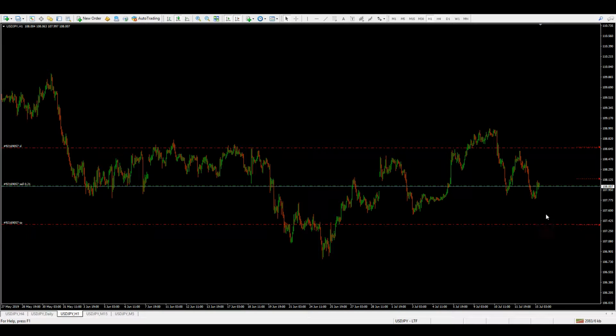But basically, if it starts to move and approach this level, I would monitor this for signs of reversal. I put an alert on here just so that I can know when it's past this lower low, just out of interest, just to see how things are going.